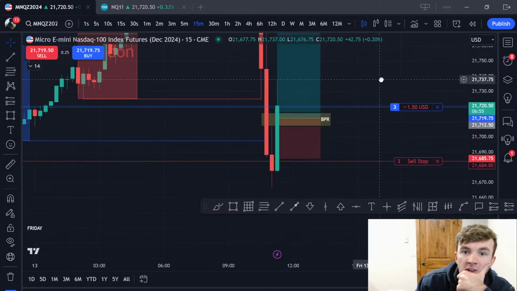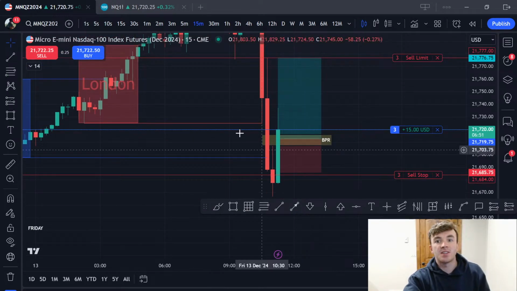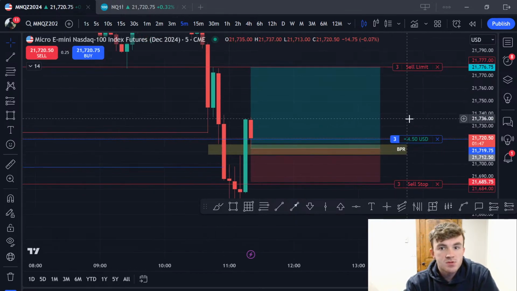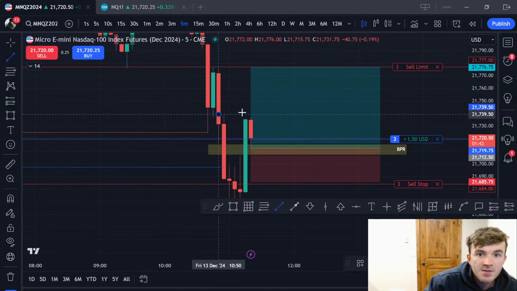This is also possibly going to be a 15-minute. I guess, is it a CRT? I don't know. So I guess stop loss to break even right here if we hit this.